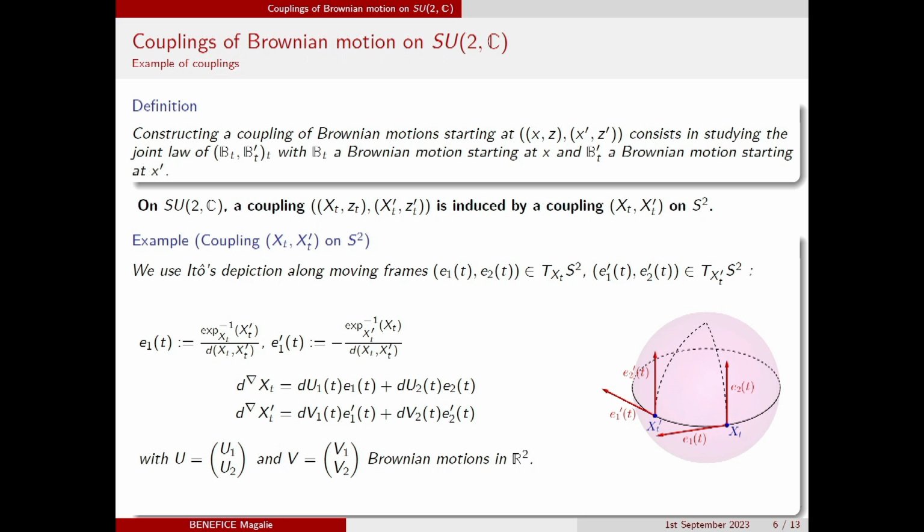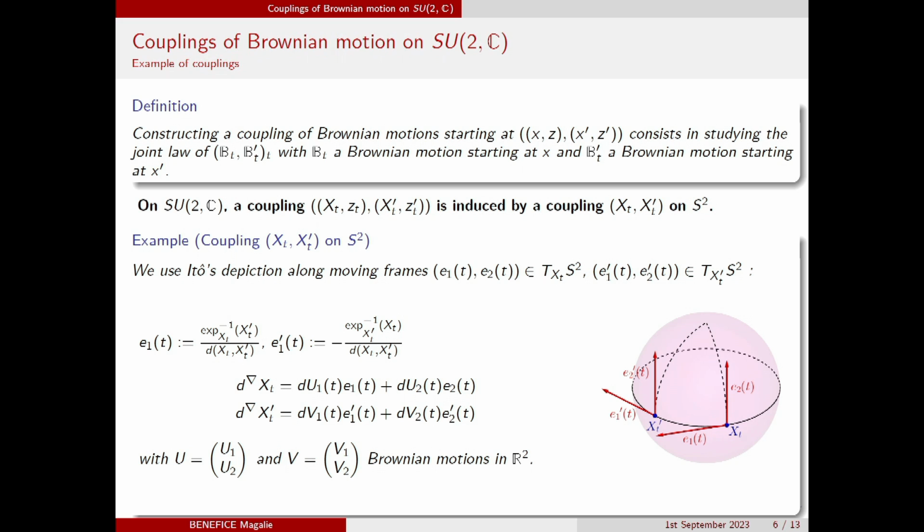On the plane it's quite easy because the Brownian motion decomposes like that with some bases that don't depend on the time in general, but can. And these are Brownian motions in R², so independent Brownian motions. When I'm on a Riemannian manifold, and here on S², I can have a similar description of the Brownian motion with vector fields. For the first vector field, I will take the one that induces the geodesic joining X_t and X_t', which are my two Brownian motions.